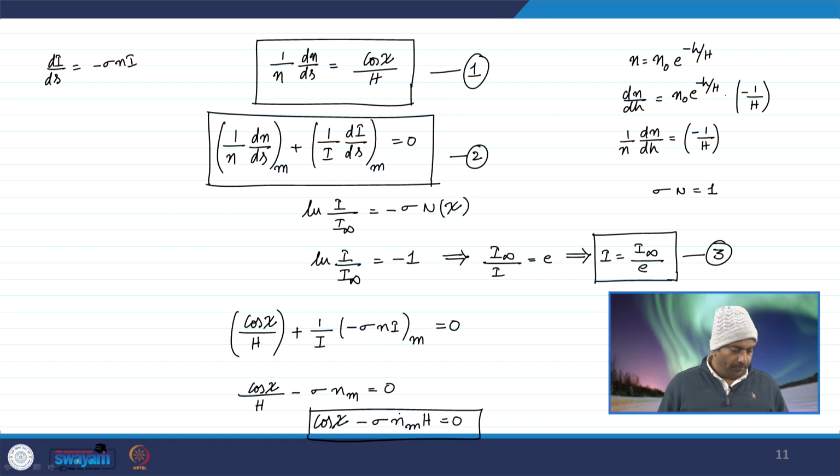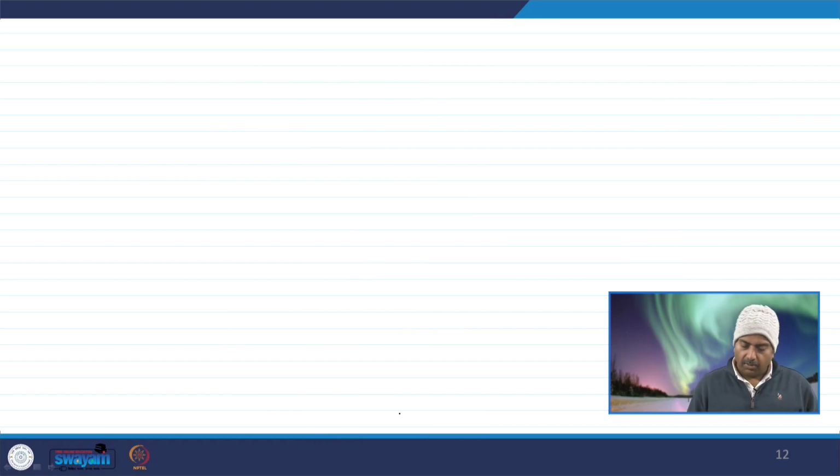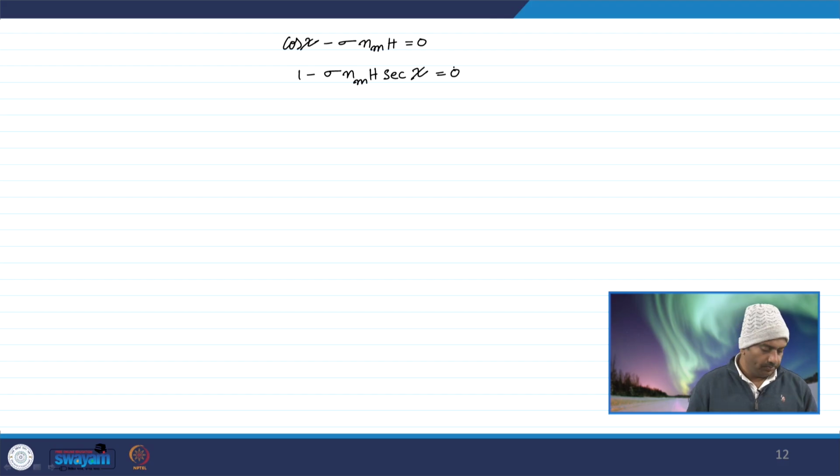obey this equality. We can rewrite this expression as, let us say we write cos chi minus sigma n m capital H is equal to 0, or 1 minus sigma n m capital H secant chi is equal to 0, right, or sigma n m H secant chi is equal to 1.